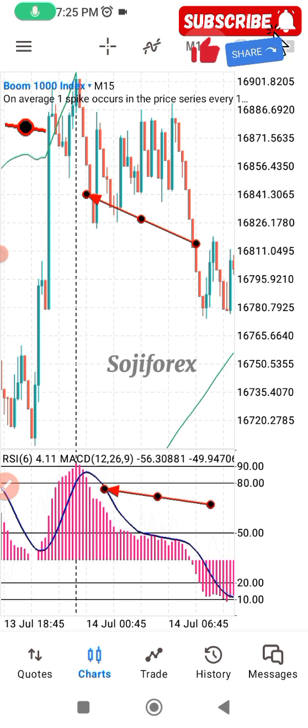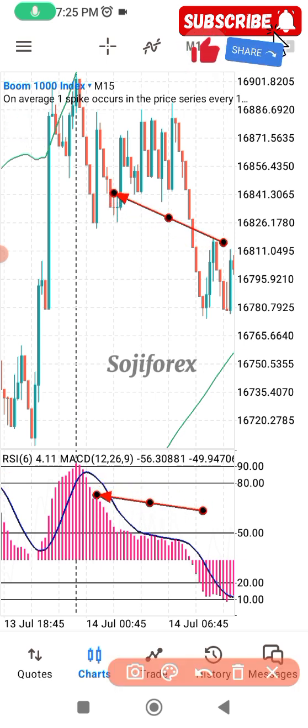Let the MACD signal line close or cross below the 80 level of your RSI, and the histogram bar drop the same way. After that, you make your sell entry. So your sell entry would have been here at the close of that candle, and your stop loss is above here. Which means, as you have observed, you are using a 1-hour candlestick to make entry, because 4 of the 15-minute candles equal one 1-hour candle.